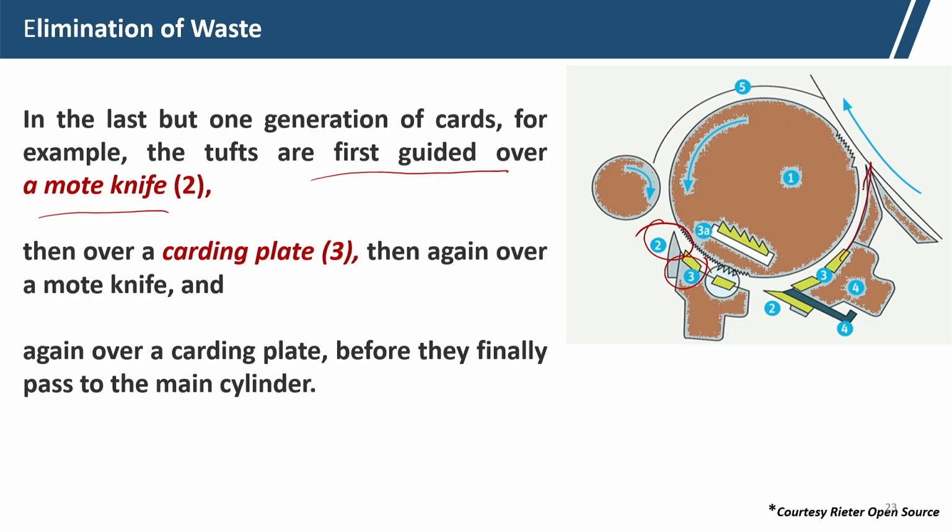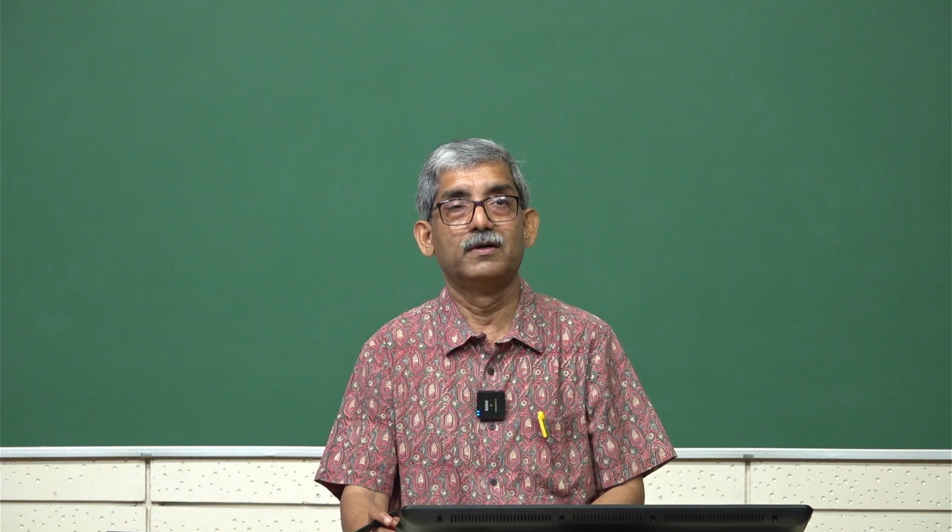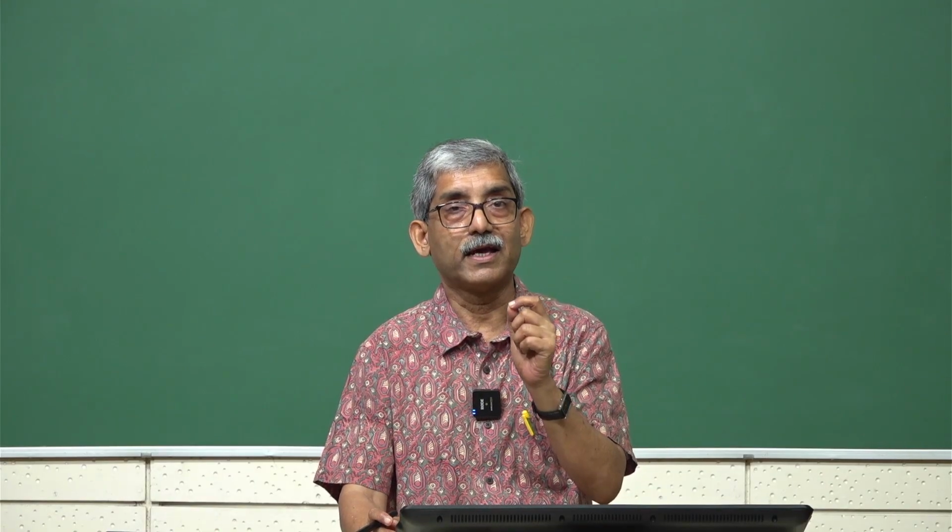So, here carding plates are also placed. Now, you can see here this type of carding plates are fitted with special clothing. That is shown, this is a type of special clothing; in place of the grid bar, a carding plate is placed. The main problem with the mote knife is that it causes air vortex.